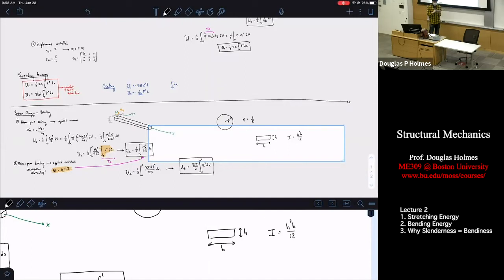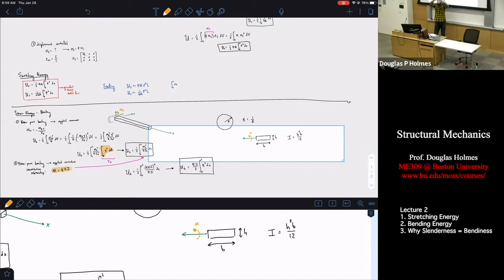If I'm taking this object and applying a moment about the axis that runs that way, so I'm looking down the barrel of this object, and I'm applying a moment about this axis such that this thing will bend like this, the direction that you're cubing is the one that's perpendicular to that moment.